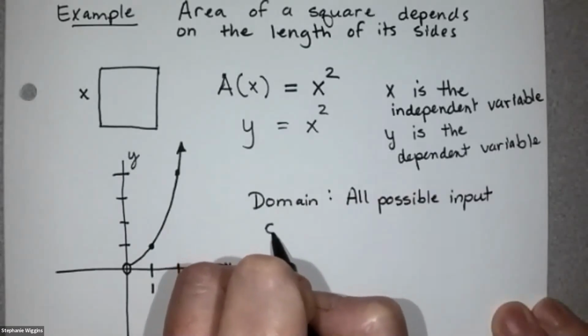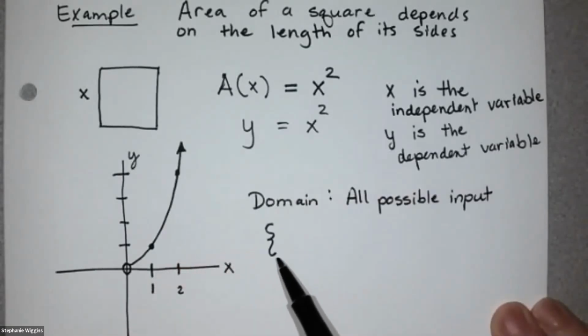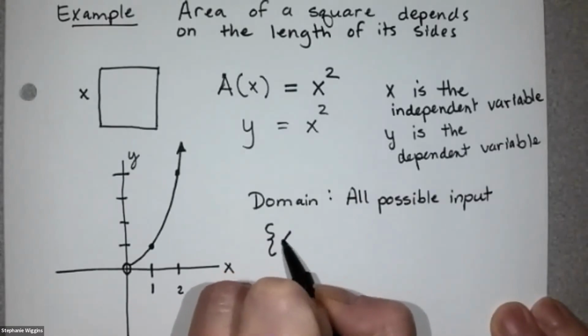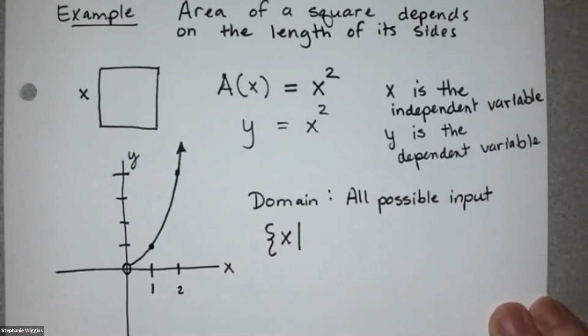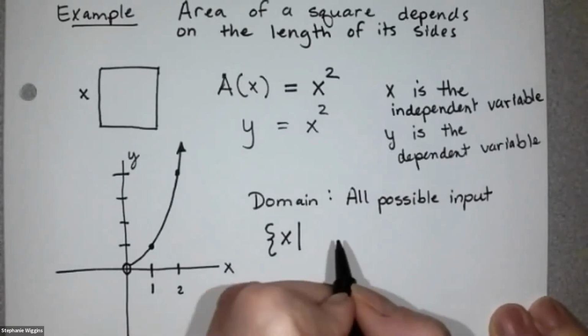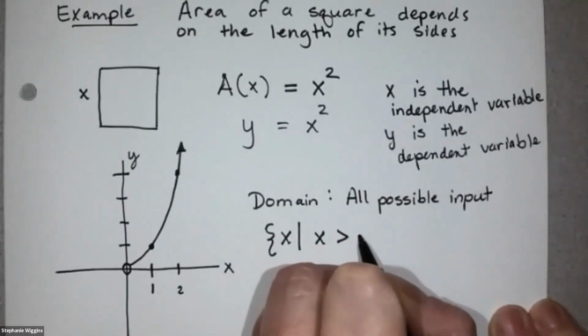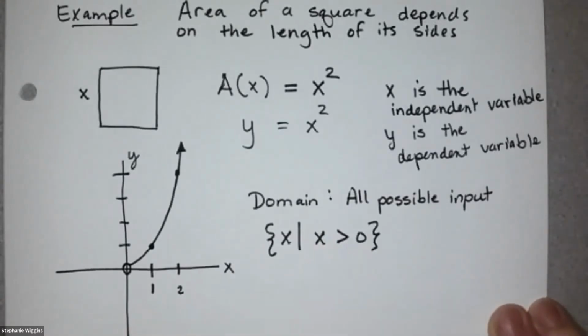And this is the way I write that. Set notation uses this bracket here, the set of all x, such that, that vertical line there is replacing the words such that, x greater than 0. And this is called set builder notation.